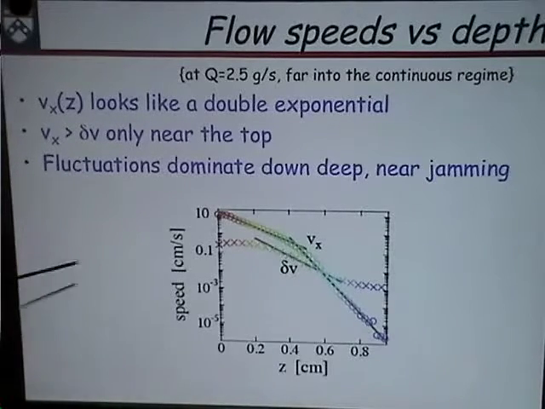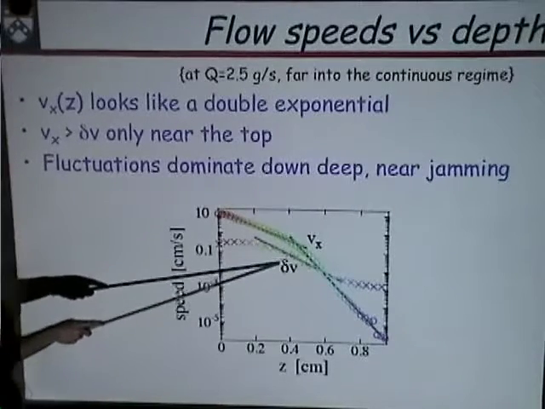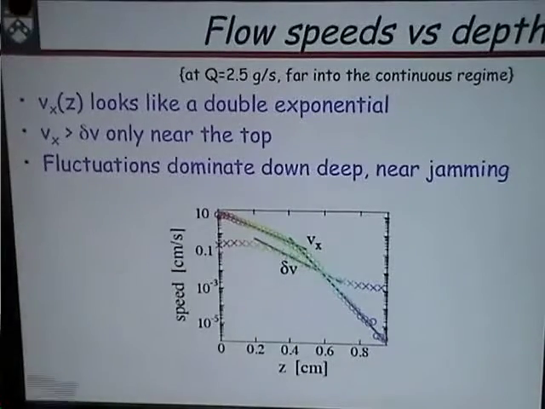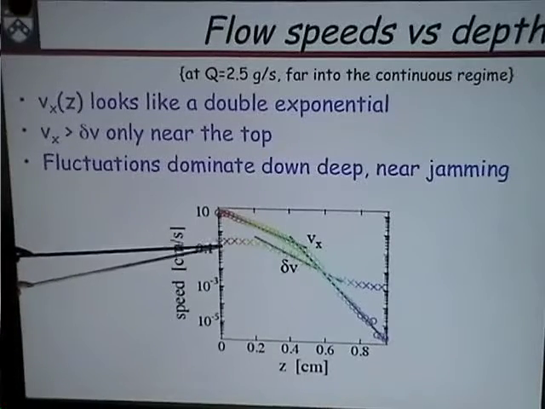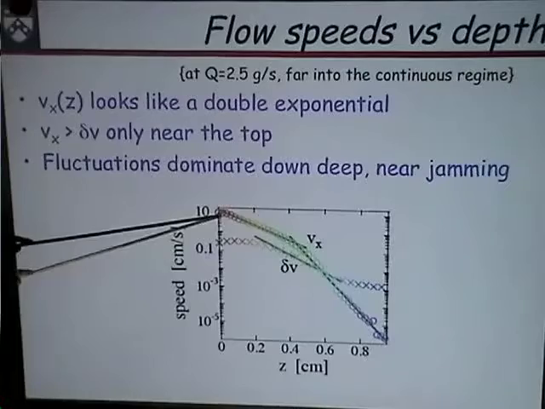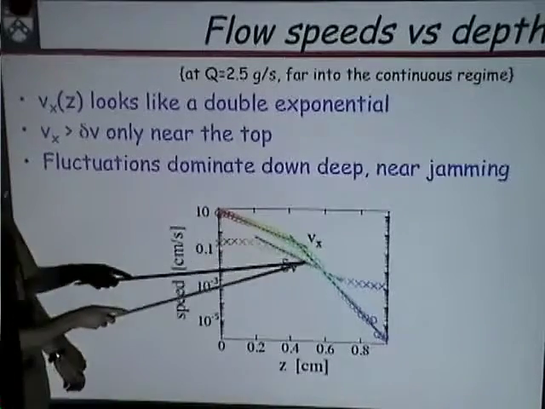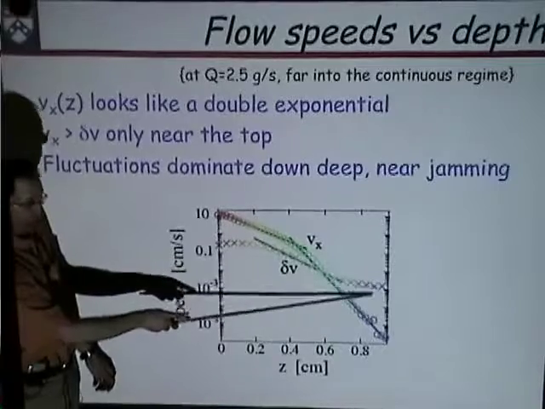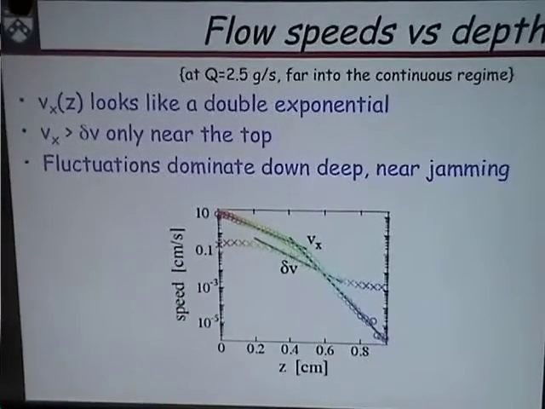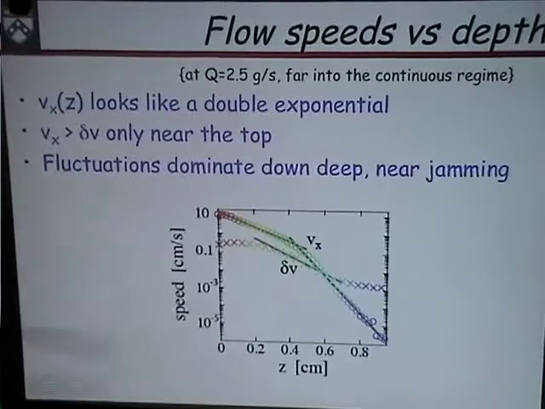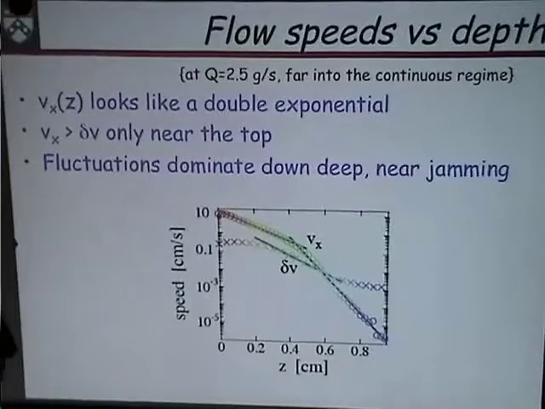This is the average velocity in the flow direction, and this is the fluctuation around that velocity. Near the surface, the fluctuations are not so big compared to the average, so they're just going down, not colliding so much. But deeper in the sample, the fluctuation speed becomes greater than the flow speed, so there are many more collisions. And then finally it just jams up altogether. So there's some funniness in the dynamics there.